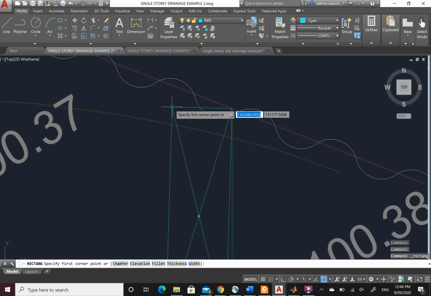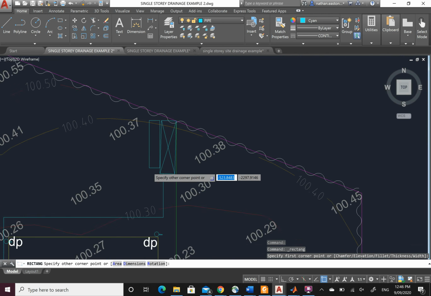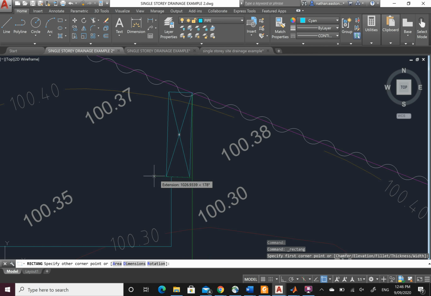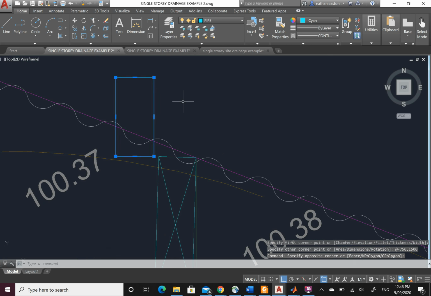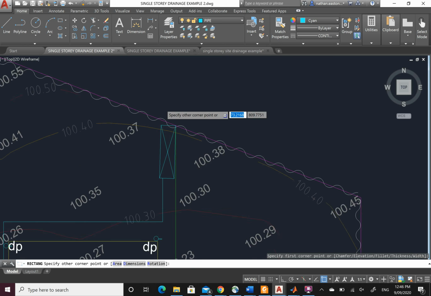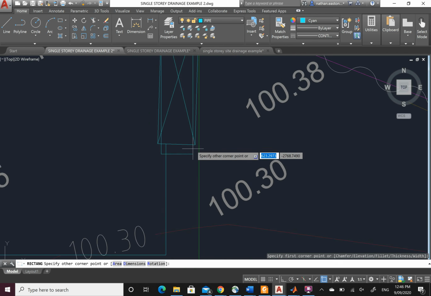So to fix that, let's just draw one in. It's 1.5 by 750, 1500, negative 750 by 1500. Yeah, that didn't work. Well done. Let's just come here then and draw one that's straight.